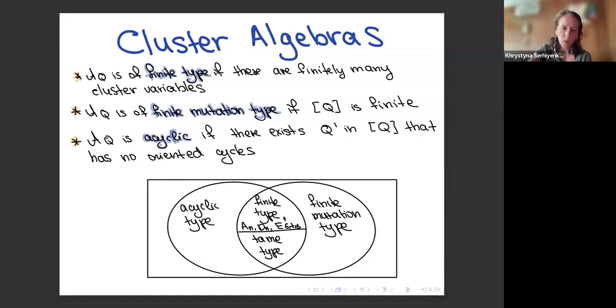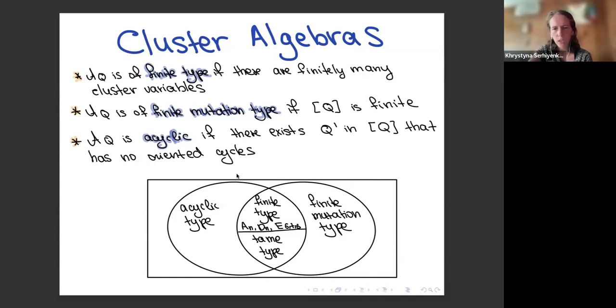Actually, finite type is also acyclic type, so that's a nice intersection between the two. There's also something called tame type. These are not finite type, they're infinite type, but they're still nice enough, and you know more information about them as well. Then outside of the finite mutation type and acyclic type, everything else is called wild.